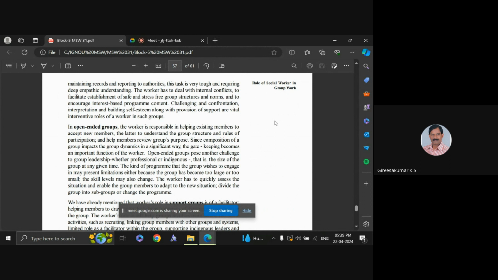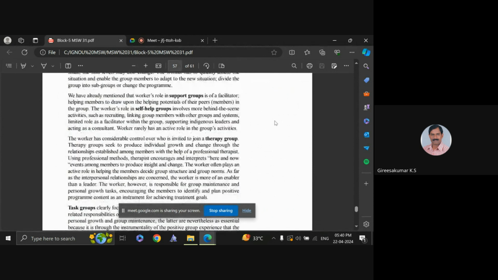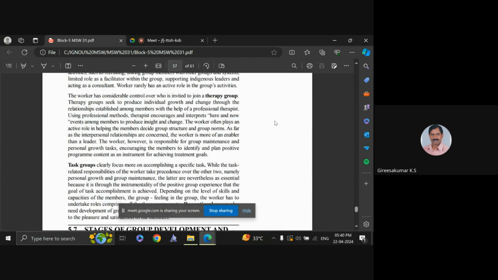Open-ended groups mean the existing members accept new members and help members review the group's purpose. Open-ended groups pose another challenge. Then support groups, then task groups. A specific task will be there.